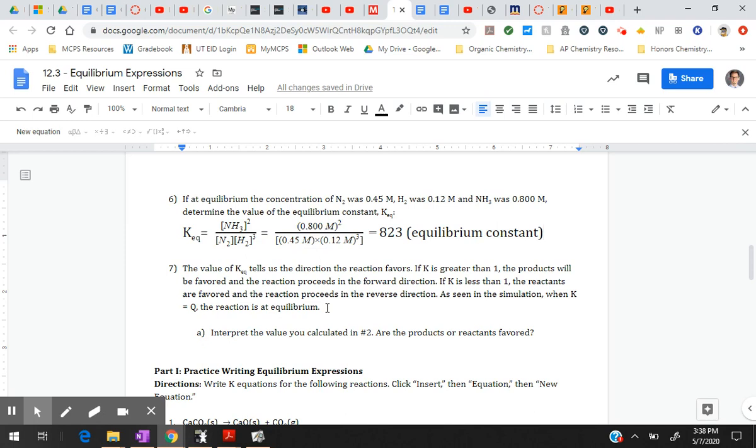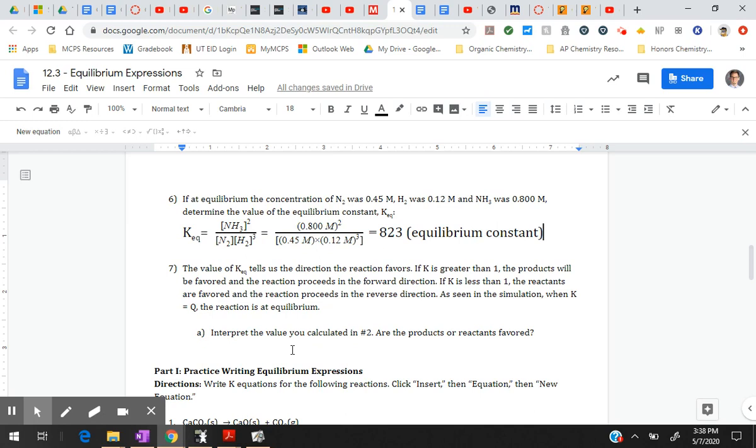Q is a very similar idea linked to concentrations, but Q can be used for any point during the reaction where K is only at equilibrium. You can only use equilibrium concentrations in a K_eq expression. Whereas Q, which is referred to as the reaction quotient, you can use any concentrations at any point in time.